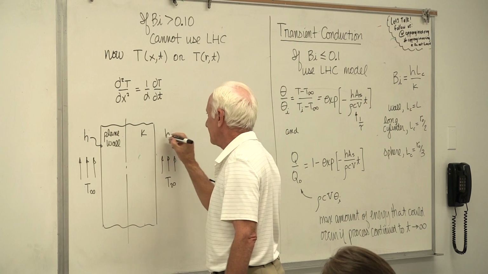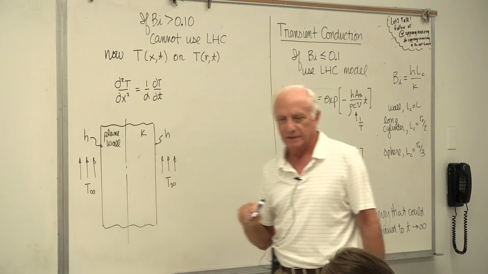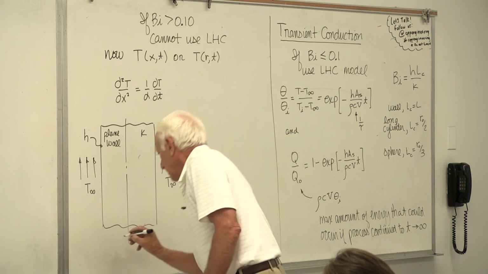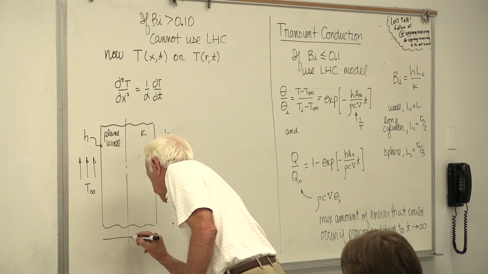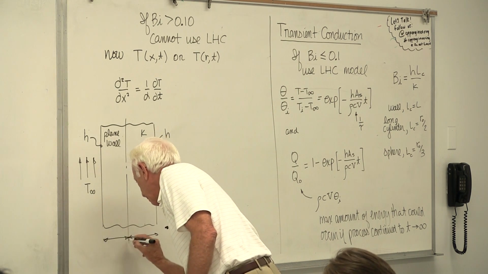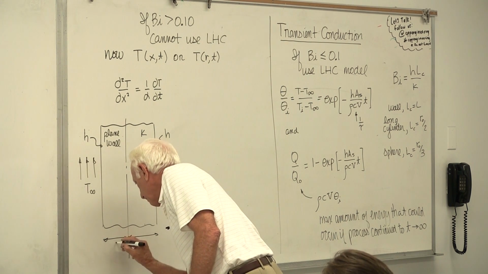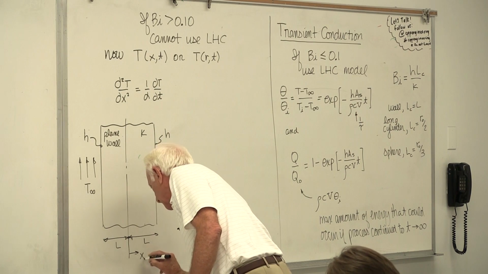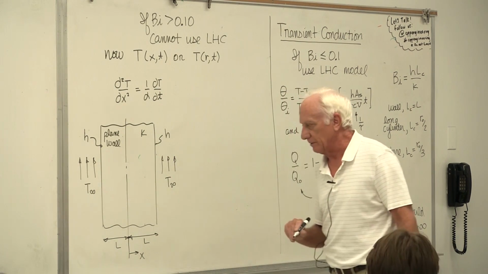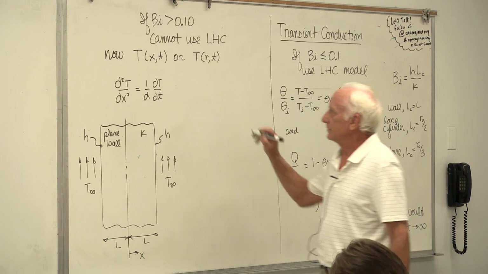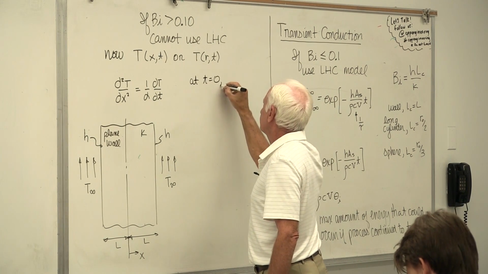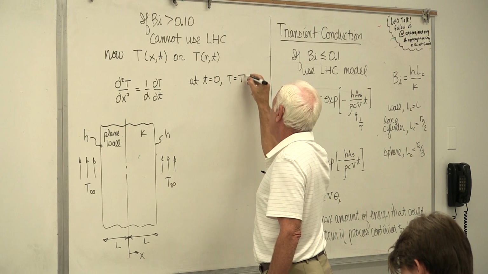The convection coefficient is h on both sides of the wall. It's symmetrical, the same conditions. The wall has a thickness of 2L. We measure x from the center of the wall, so the center of the wall is x equals 0. The initial temperature is T_i.